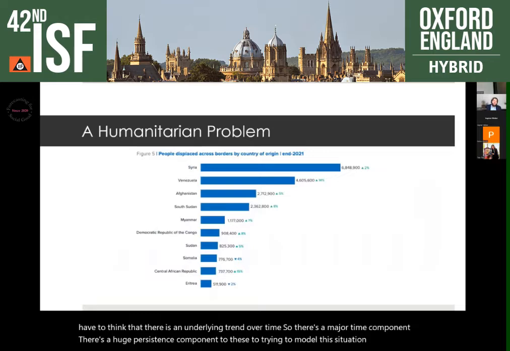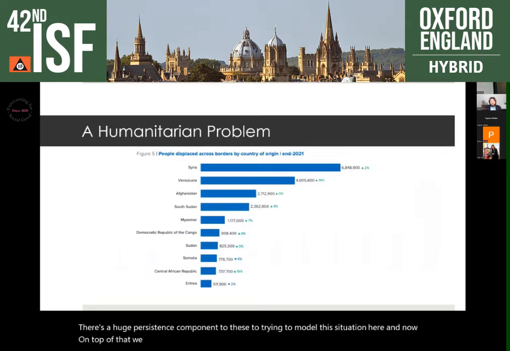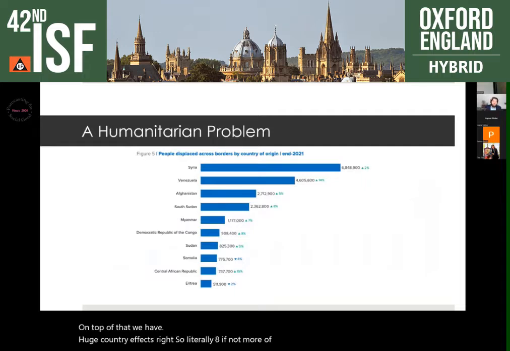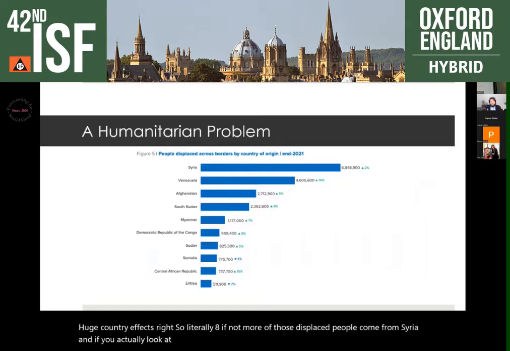And on top of that, we have huge country effects, right? So literally 8%, if not more, of those displaced people come from Syria. And if you look at the Syrian displaced people, whether refugee or internally displaced, at one point it reached up to 75% of the population displaced, right?